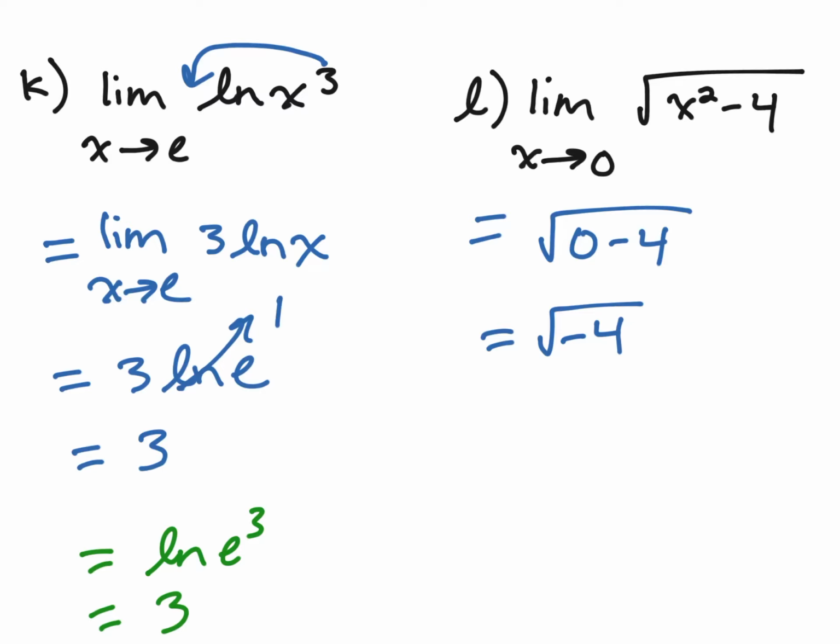No. Imaginary numbers are what they are. They are a thing. They are important in math, but I cannot plot them in the xy plane. So since I cannot plot this number, this limit does not exist. There is no y value for the graph of y equals the square root of x squared minus 4 at x equals 0.